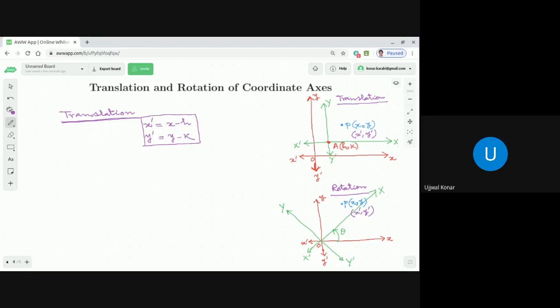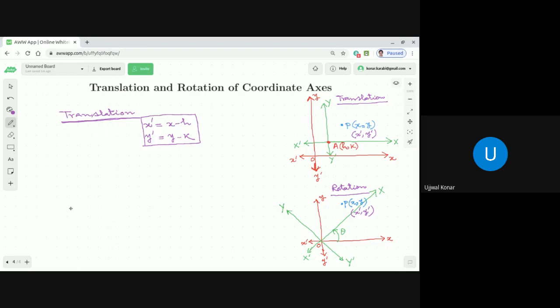But the most straightforward discussion is that with respect to the old coordinate system, we know the values of x and y, and as the coordinate axis moved in a rectilinear way to the point h comma k, which becomes the new origin, and h comma k is the coordinate of the point A, as you see here, dear students, with respect to the old coordinate system, then we can find the values of x dash and y dash.